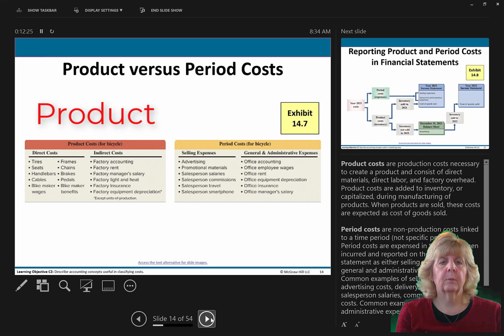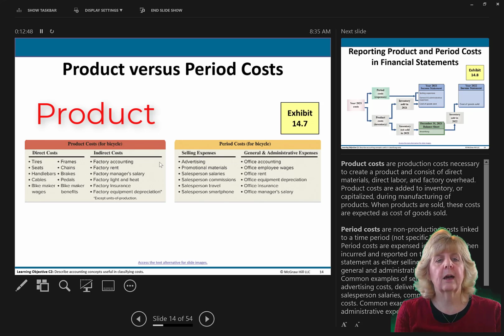So again, product versus period costs. This might be a little difficult for you to see on the screen. Remember that they're in the modules links. You can go look at them at any time. Product costs are those manufacturing costs involved in creating the product. They are anything related to the production of the goods or to the factory.